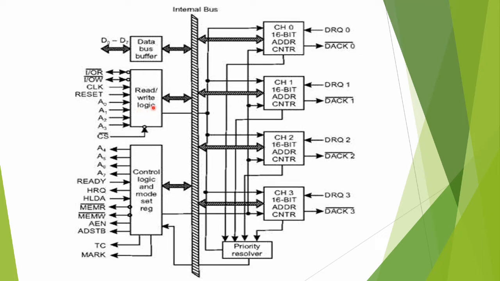And the read write logic: A0 to A3 and reset, clock, input output read, input output write, which are active low signals, are connected to the read write logic block. And there is a data bus buffer, which in turn will be connected to the data bus D0 to D7, and all these blocks are connected through the internal bus.